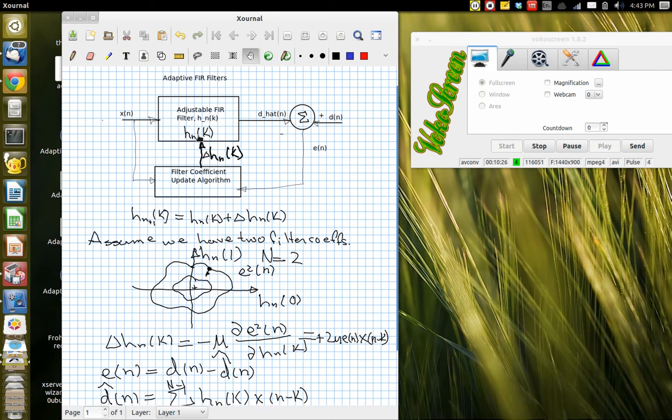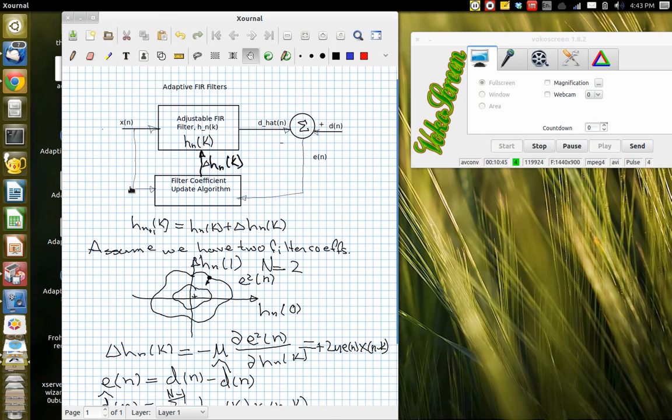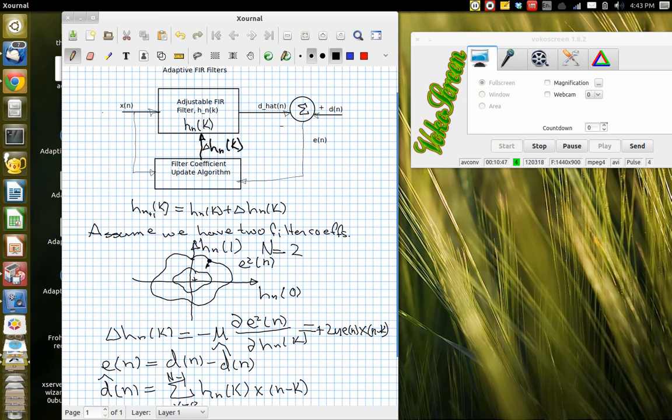And so that gives us a formula we can use to run this update algorithm. We'll take e n, which we get coming in on the right, and x of n minus k, which we have coming in on the left, and plug them into this relationship and get our delta h n k, and then we'll adjust the h n of k's, and hopefully those things will converge.